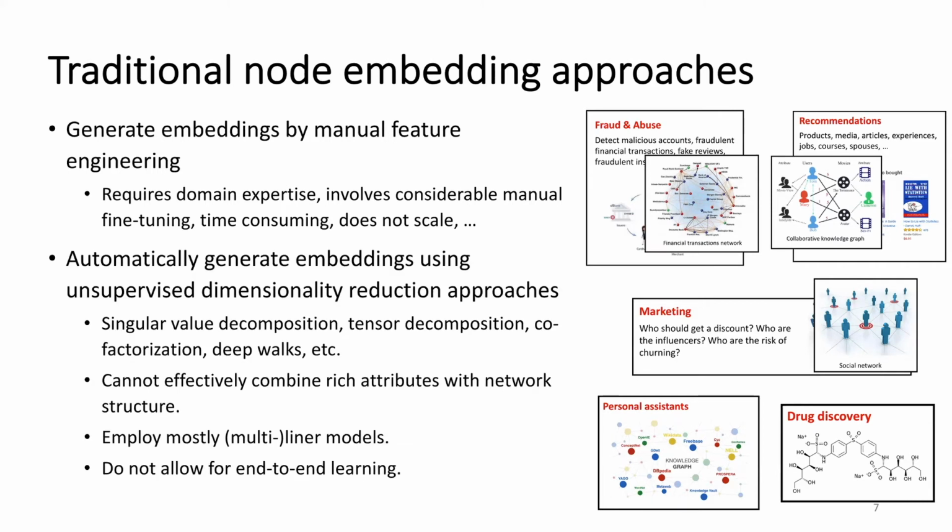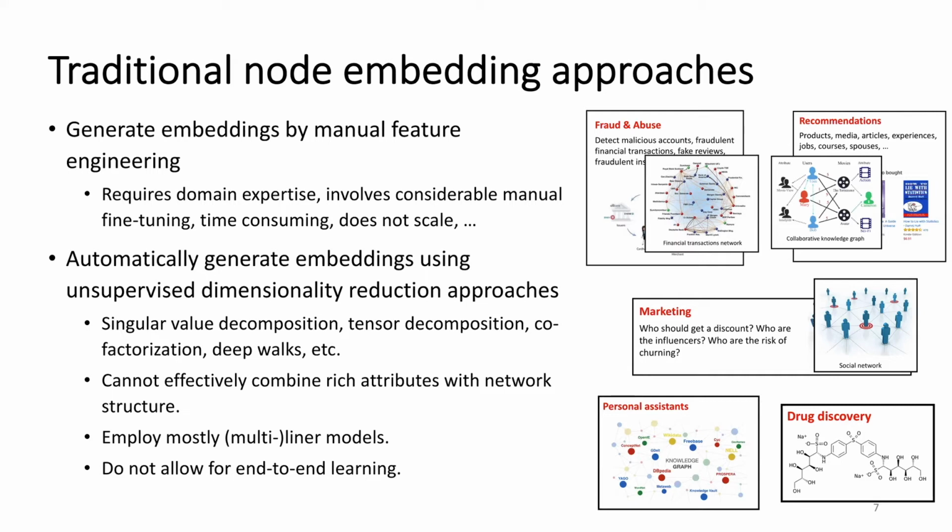Another class of methods has become very popular, in which they generate those embeddings automatically using various unsupervised dimensionality reduction approaches. Things like singular value decomposition, tensor decomposition, co-factorization, DeepWalk, etc. are examples of some of those methods.